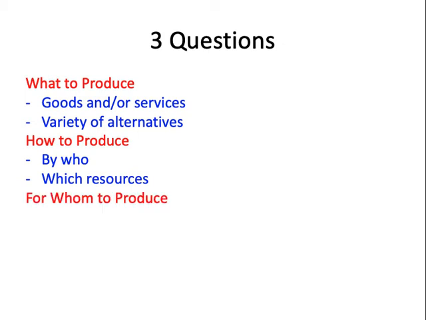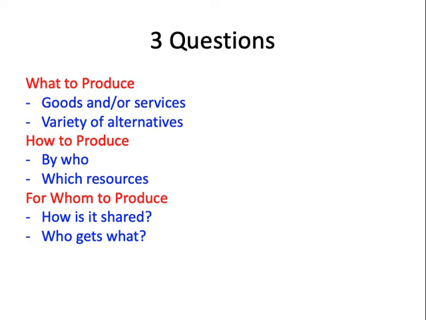And then three, for whom to produce. Who gets access to all these materials? Are you going to privatize healthcare, or are you going to make it a publicly funded thing? Does everyone get equal access to healthcare, or should we not have everyone having equal access to healthcare? How are these things shared? Who gets it and why, actually?